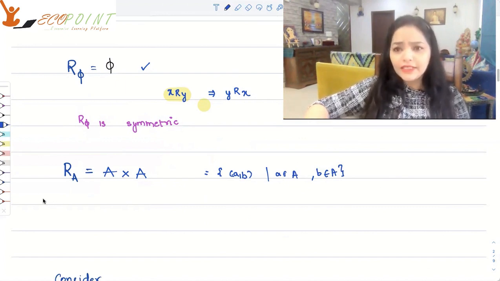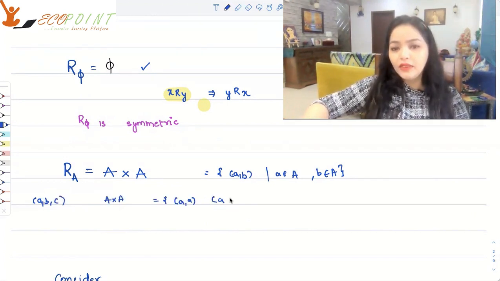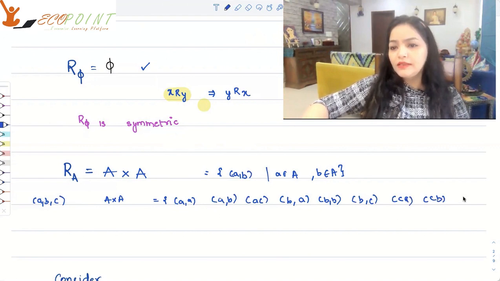So if I take an example like A, B, C, then A cross A consists of AA, AB, AC, then you will have combinations BA, BB, BC, then you will have combinations CA, CB, and CC.